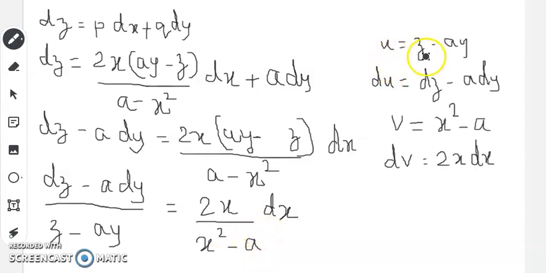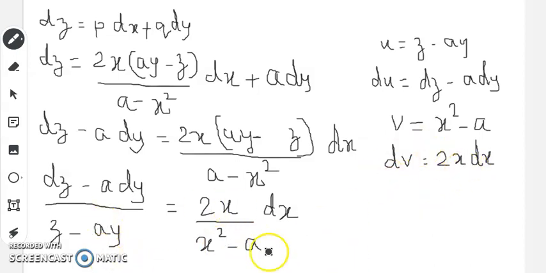If we put u is equal to z minus ay, then the total differential of u, that is du, is given by dou u by dou z into dz plus dou u by dou y into dy. Substituting the derivatives, we get dz minus a dy. If we put v is equal to x square minus a, then dv by dx, the derivative of v with respect to x, is 2x. So dv is equal to 2x dx.